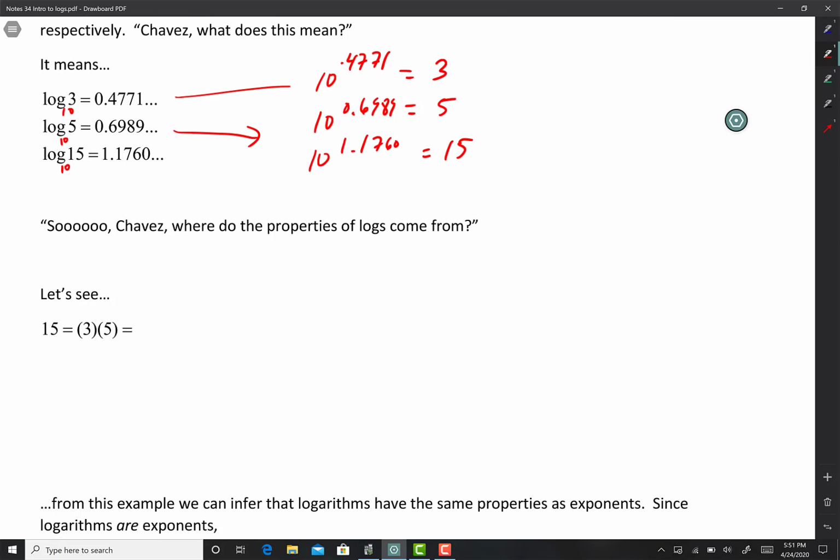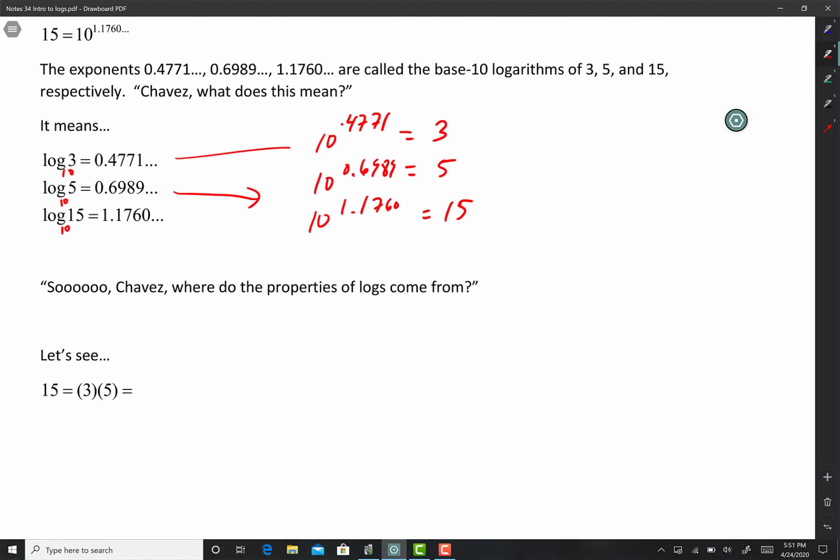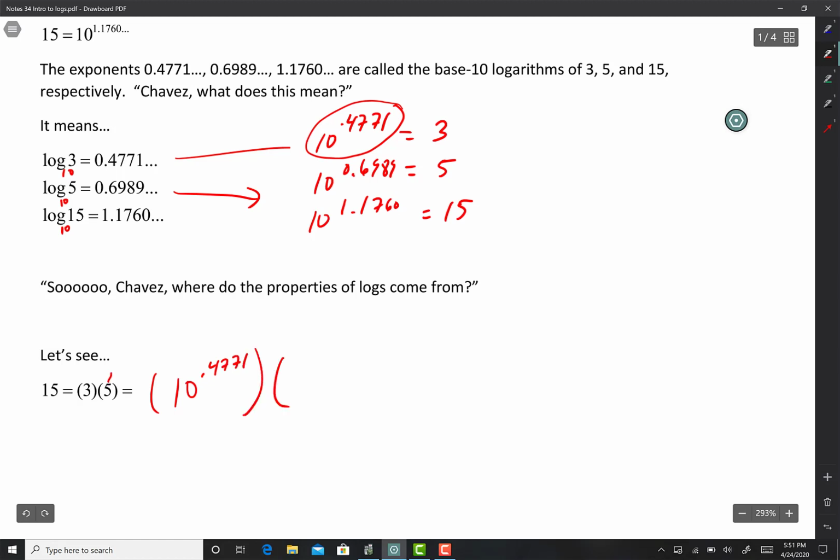All right, so 15 equals 3 times 5. Well, I know that 3 is equal to 10 to the power 0.4771, so I'm going to rewrite this as 10 to the power 0.4771, and I know that 5 is nothing more than 10 to the power 0.6989.